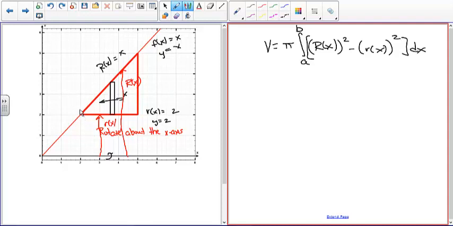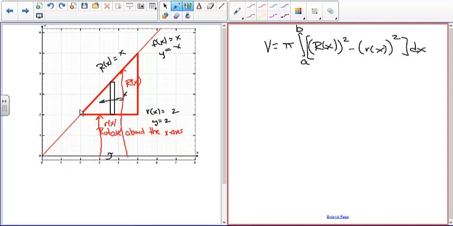The limits are either defined by a vertical line or by a point. If a limit of integration is defined by the intersection of two curves, I just have to find the x-coordinate of that point. So in this case, A is here, the leftmost part of my area, and B is the rightmost part of my area.